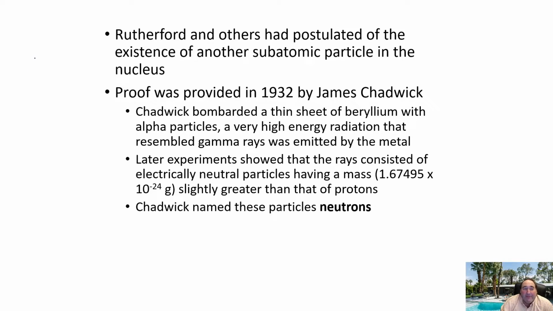Once again, as we talked about earlier, these gamma rays are radioactive rays that have no charge. Later experiments showed that these neutral particles had a mass of 1.67495 times 10 to the minus 24. These particles were named neutrons.